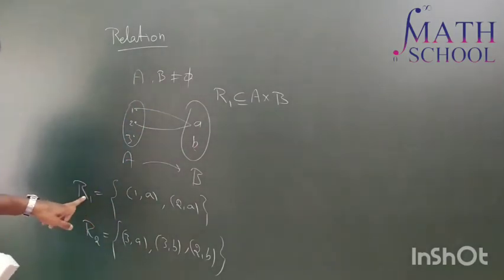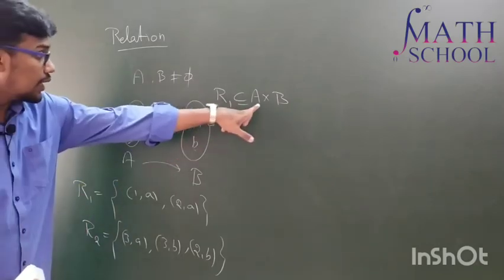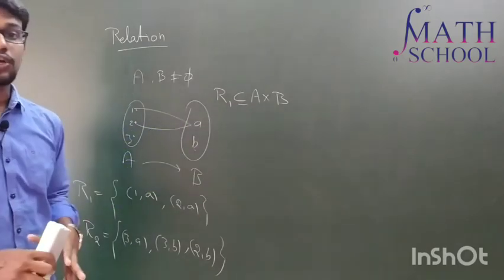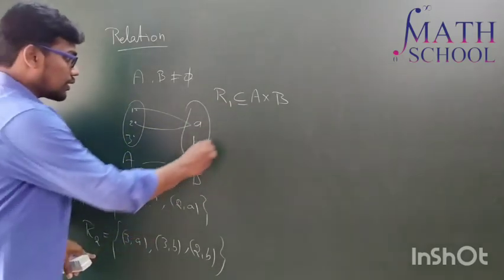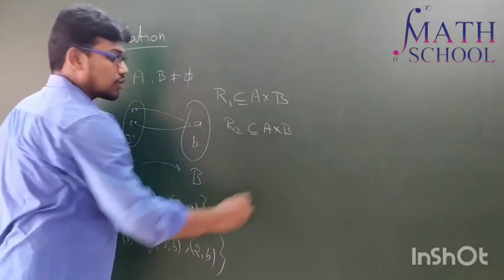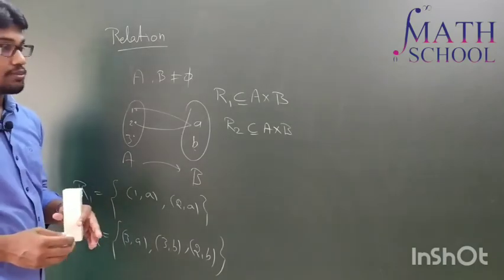Of course, look here, the elements which are in the set R1 are there in A cross B. Am I right? So I can simply say R1 is a subset of A cross B. Similarly, you can notice that R2 is also a subset of A cross B. So what is the definition of a relation?